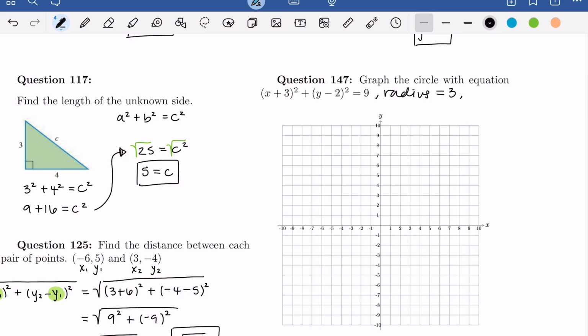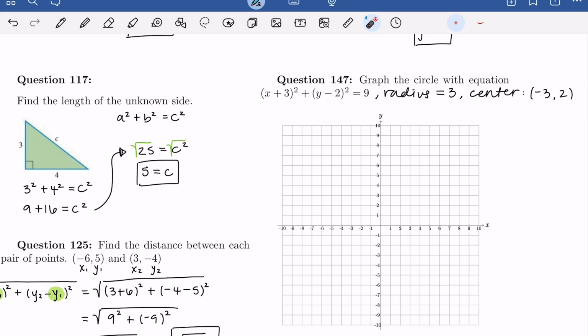And then our center is going to be the fixed point. Our x-coordinate is going to be this here. Now remember the formula says it's going to be x minus our x-coordinate, so the only way that this could be positive is if our x-coordinate is also negative. And then our y-coordinate is going to be positive 2, since in our formula this is going to be y minus the y-coordinate.